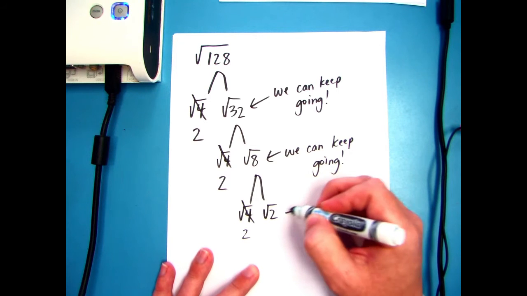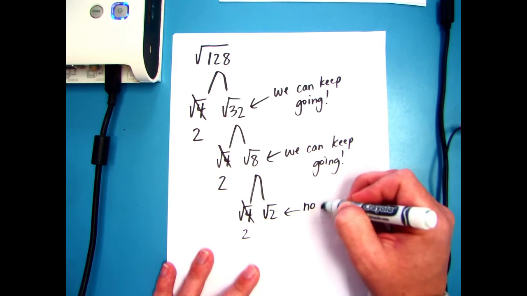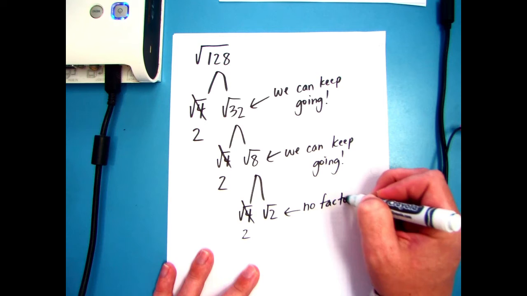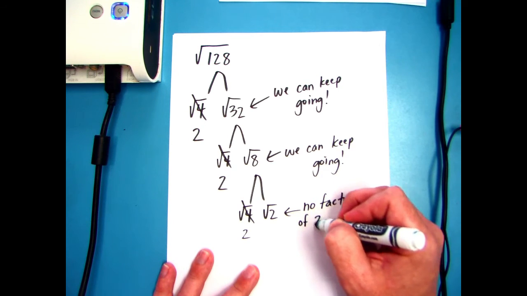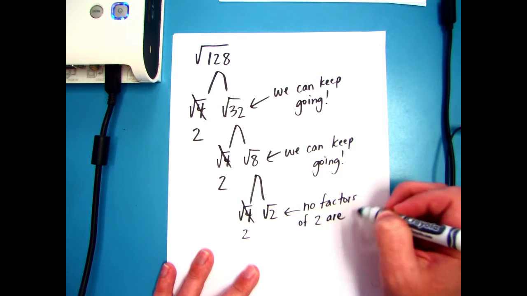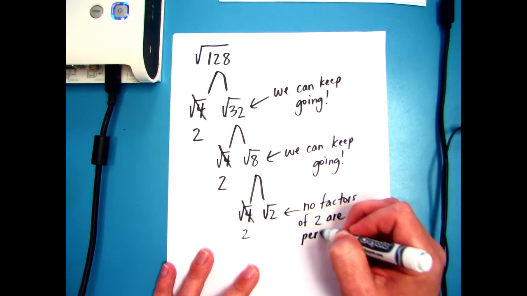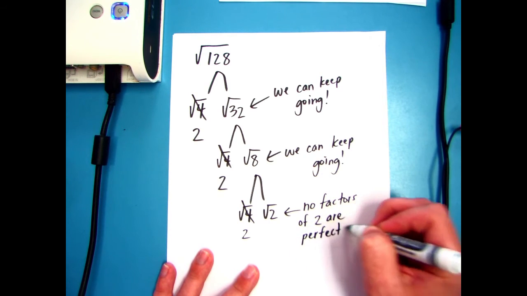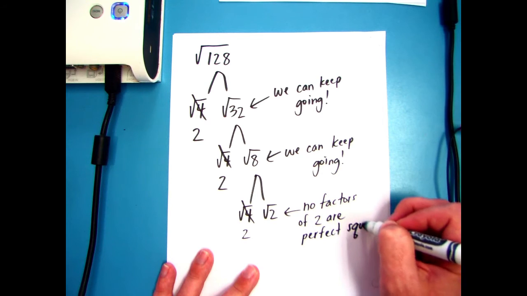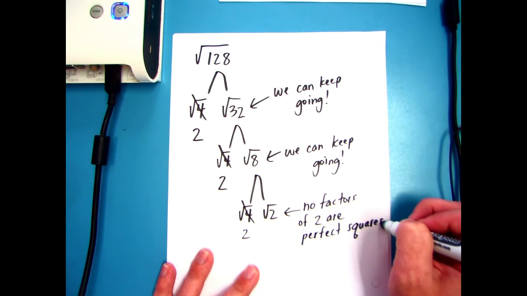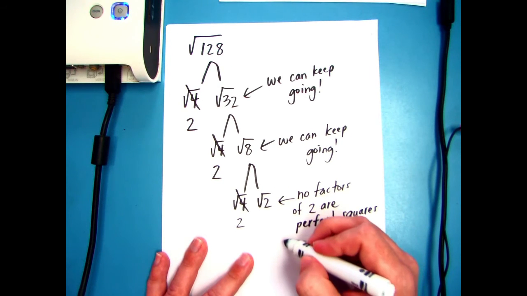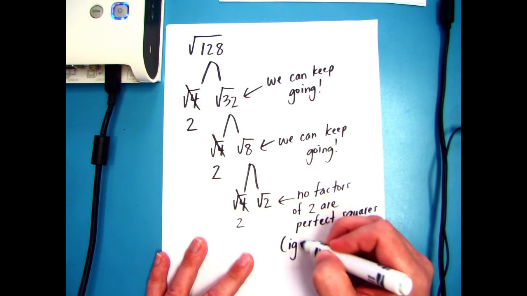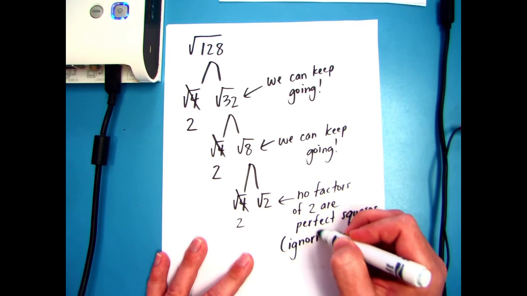Our factor tree is getting long. When you look at square root of 2, there are no factors of 2 that are perfect squares. So we are done with our factor tree. Now you may be asking yourself, isn't 1 a factor of 2, and isn't 1 a perfect square?